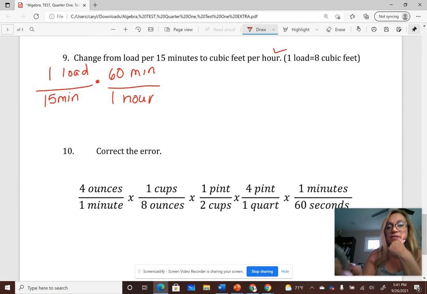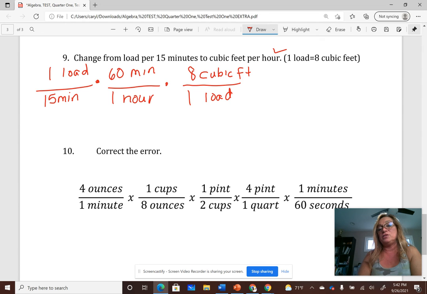And that's going to take care of the hour. And then it said that one load is 8 cubic feet. So I'm going to put the 8 cubic feet here. And I'm going to put the one load here. And you see, they had to give you that conversion because who would know what one load is? All right, so load cancels with load, minute cancels with minutes, and I'm left with cubic feet per hour.